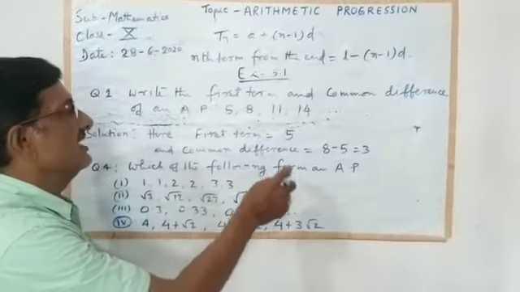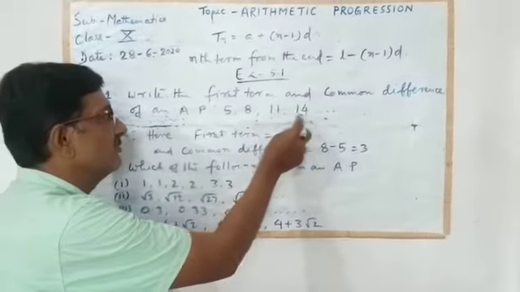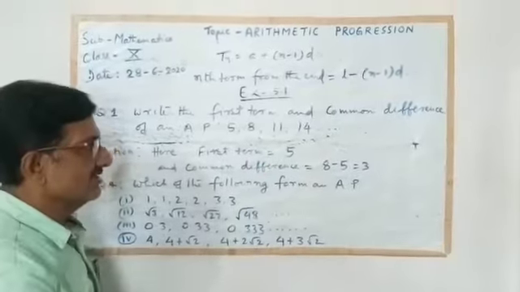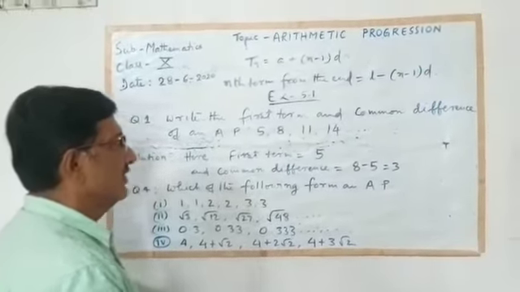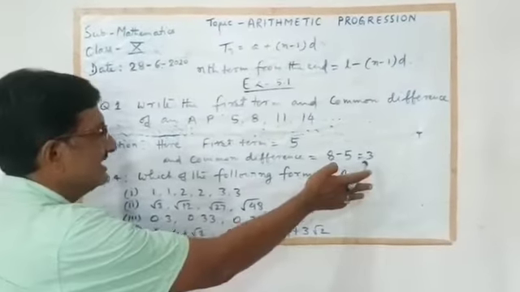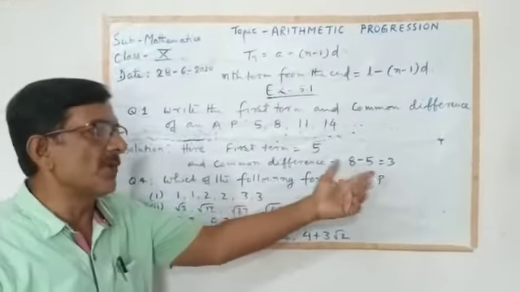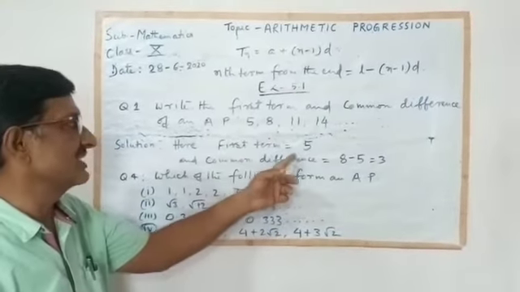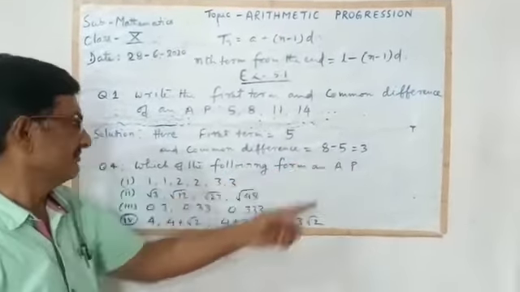So 3 is the common difference. Suppose someone is subtracting 11 from 14, in that case also we get 3. When 8 is subtracted from 11, we get 3. So in each case we get 3 as the common difference. So its first term is 5 and common difference is 3.